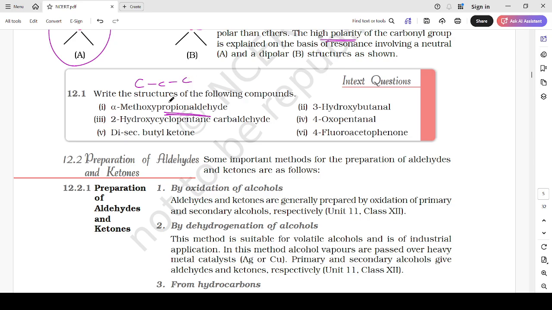So I can understand there are three carbons here. The third carbon, or the first carbon for you, either way you say, should have an aldehyde. This carbon is alpha to it. Here what is it having? A methoxy group. Alpha methoxypropionaldehyde.